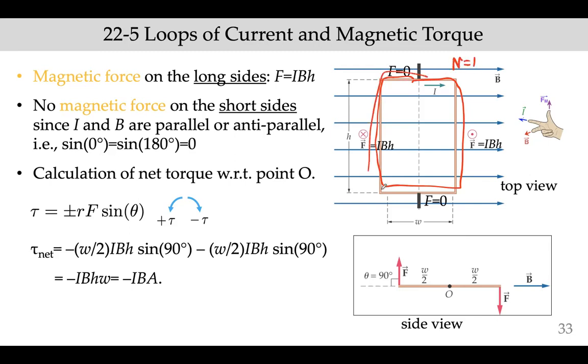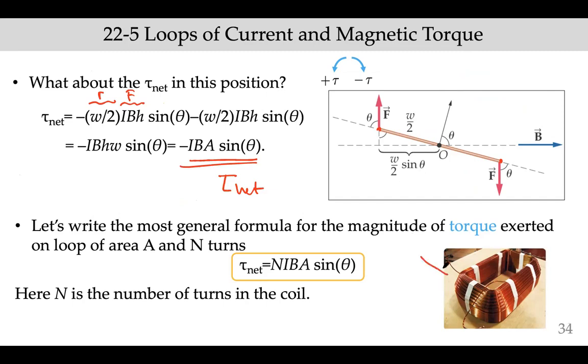But you can in principle have multiple turns, which will look like this coil in real life. For each turn, you will get this much torque.